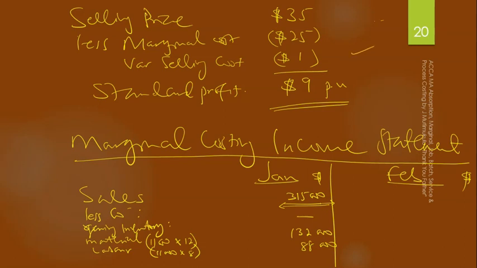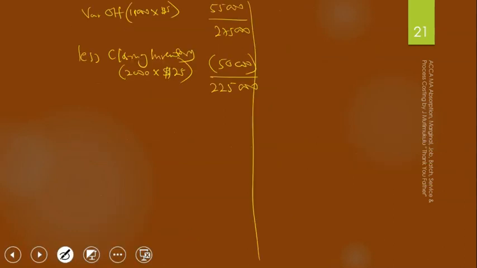However, before we do that, we have to consider the contribution, because we are saying sales minus variable cost is equal to contribution. These are total variable cost.